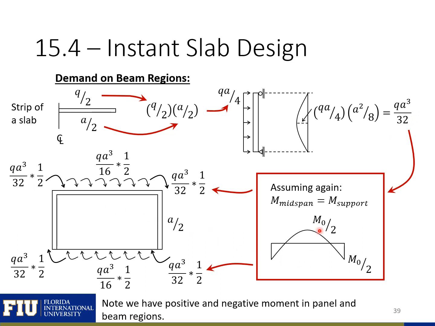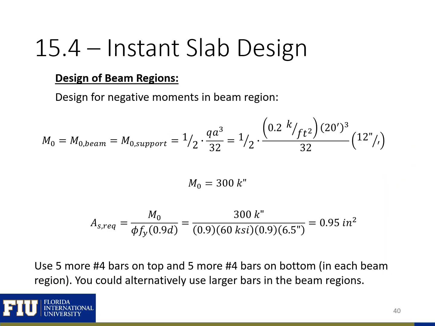We will again assume that the maximum positive moment is M naught over 2 and the maximum negative moment is M naught over 2. So we add in a times 1/2 here to get our maximum negative moments and maximum positive moments in our beam. We can then find our M naught, or our maximum moment in the beam, and the maximum moment at the support, equal to just 1/2 of that M naught that we found before, which in our case will be 300 kip inches.